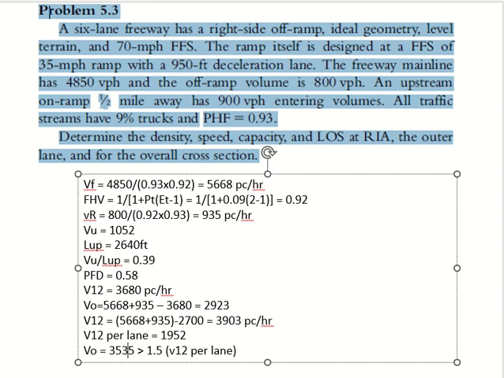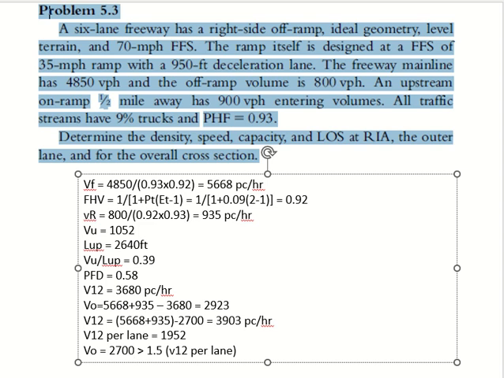This was V outer, right? Okay, so now this value is 3903. So V outer will be 2700. You can put it. It will be 2700, right?